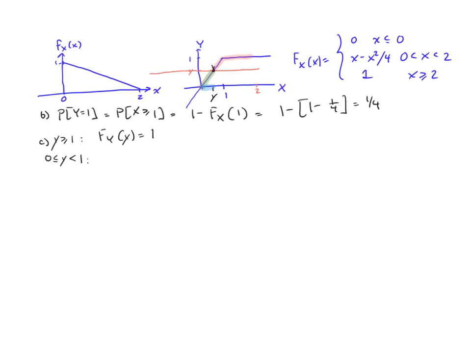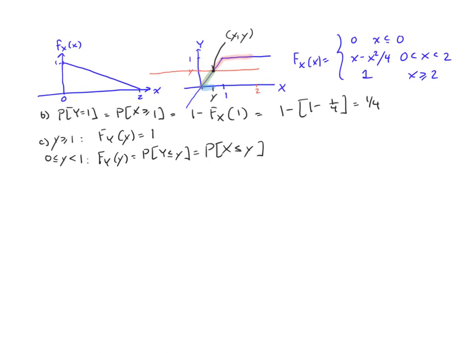This intersection point is the point y comma y, x equals y and y equals little y. And because the xy pairs lie along the line x equals y, the CDF of y in this interval, the probability y is less than or equal to y, is simply the probability x is less than or equal to that same value of y. So to be clear, the event y is less than or equal to y corresponds to y's in this region, and that corresponds to x's in this region.